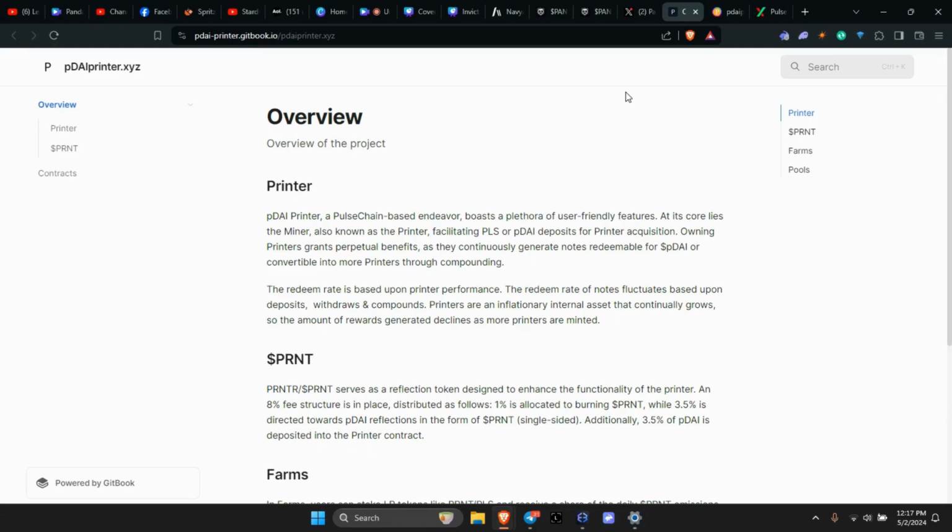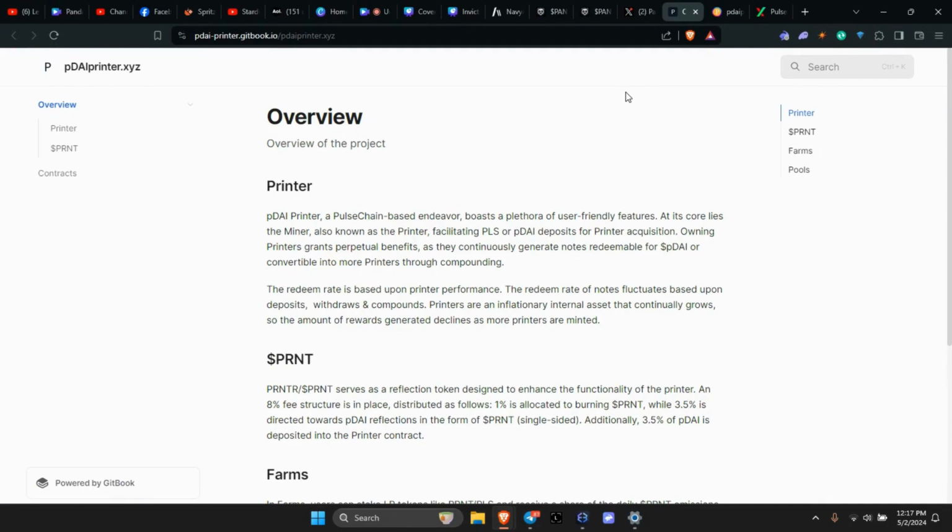Owning printers grants perpetual benefits as they continuously generate notes redeemable for pDai or convertible into more printers through compounding. The redeem rate is based upon printer performance. The redeem rate of notes fluctuates based upon deposits, withdrawals, and compounds. Printers are inflationary internal assets that continually grow, so the amount of rewards generated declines as more printers are minted.